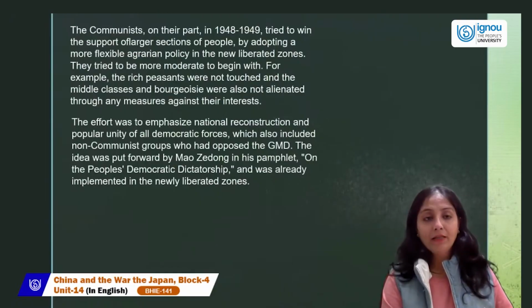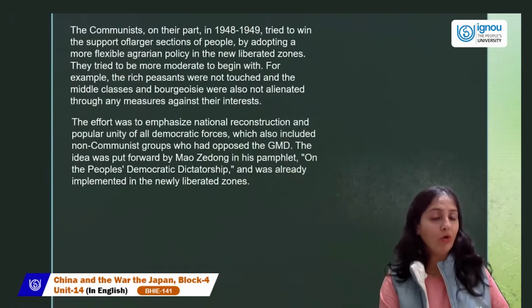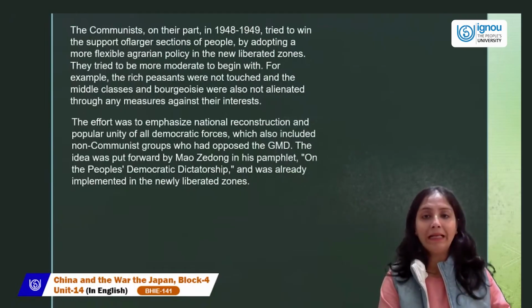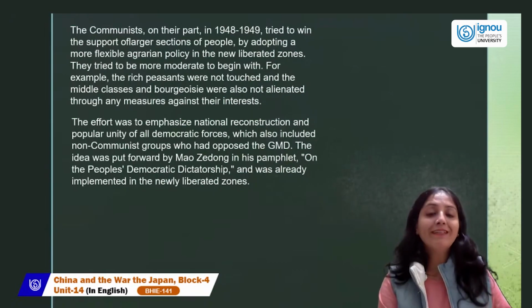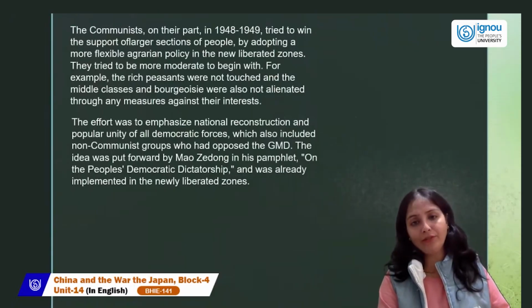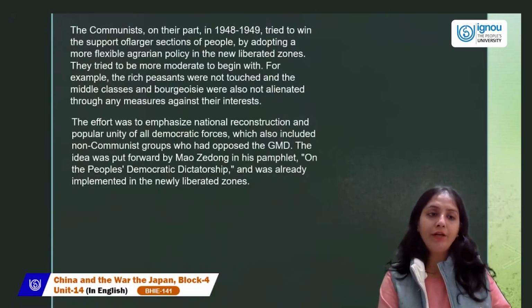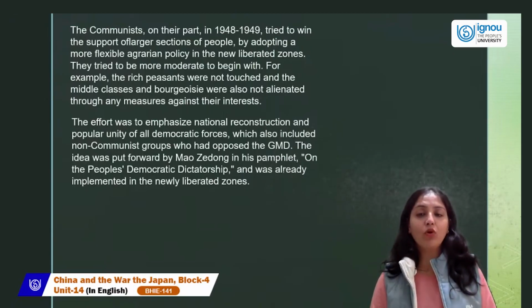For example, the rich peasants were not touched, and the middle class and the bourgeois were also not alienated through any measures against their interest. The effort was to emphasize national reconstruction and the popular unity of all democratic forces, which also included non-communist groups who had opposed the Kuomintang.